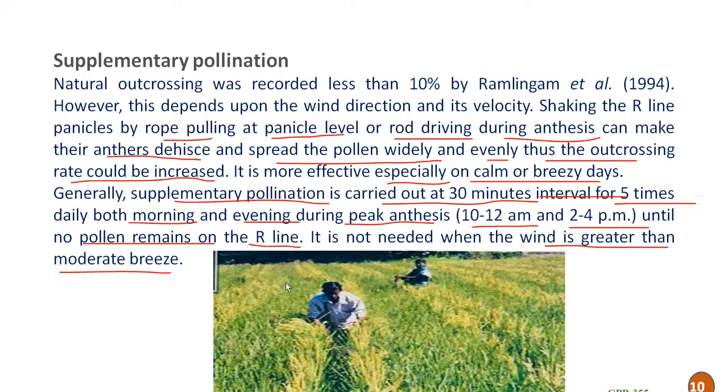In that case, it is carried out at 30 minute intervals 5 times during the morning and evening, so that no pollen remains on the R line, and this pollen is spread over the A line. In the diagram we can see the supplementary pollination being practiced.